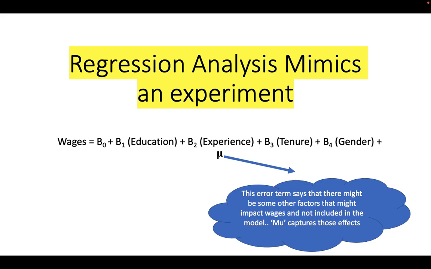The error term basically includes all the other factors that impact wages that were not included in the model. This way, we are able to show that all factors that impact wages are included in our modeling. So once again, factors that we did not include in our model automatically enter into the equation through this error term.